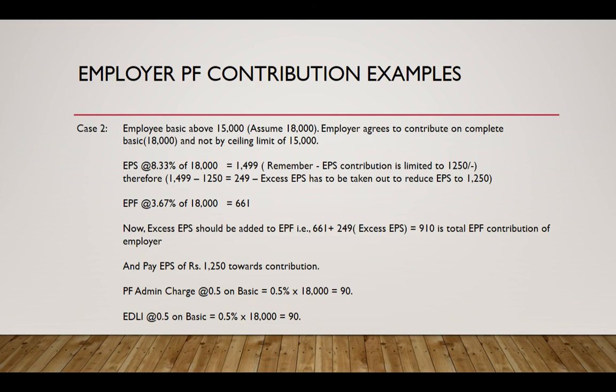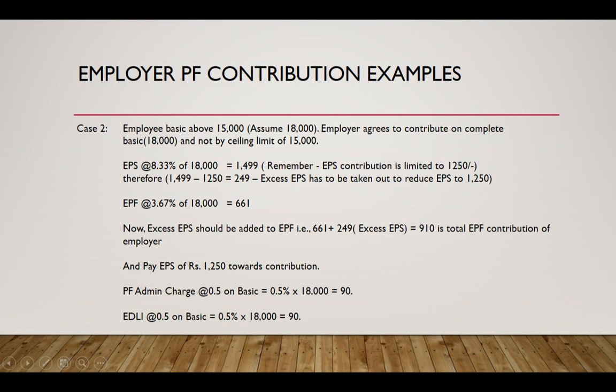So we need to subtract 1,250 from the resultant amount so that we can remove the excess EPS, and with this the EPS contribution would be 1,250 rupees, and the EPF contribution at 3.67% amounts to rupees 661, and the excess of EPS of rupees 249 should be added to the PF contribution.